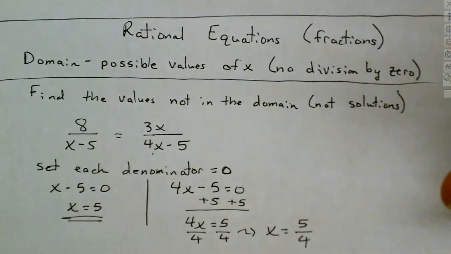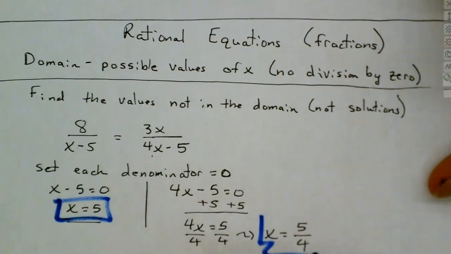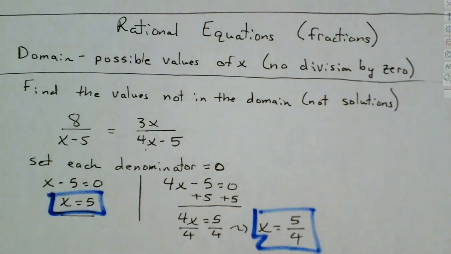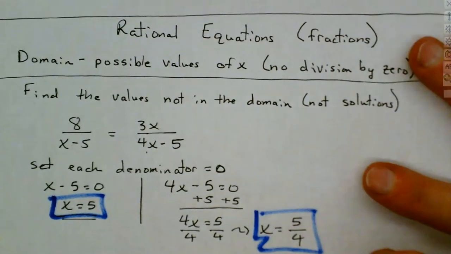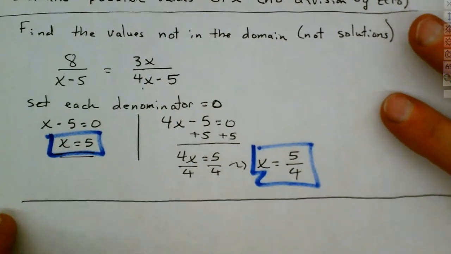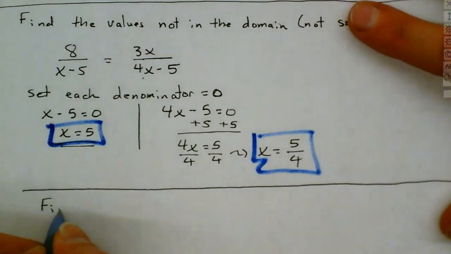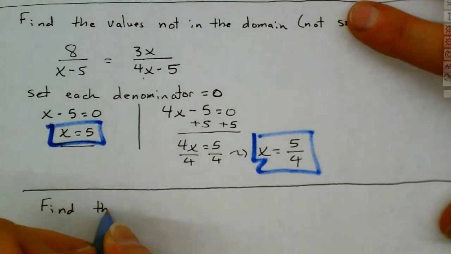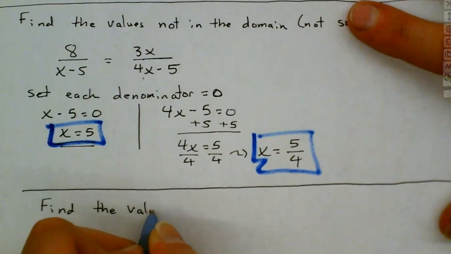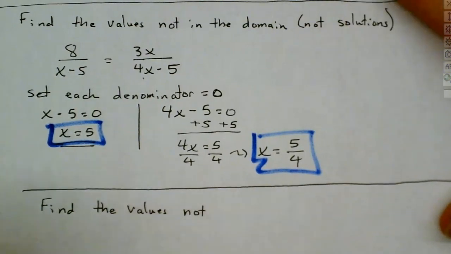So what 2 values will not work? 5 and what? 5/4. So those will not work. Let's try another one. Again, same directions. Find the values not in the domain, not solutions. They're not going to be solutions.